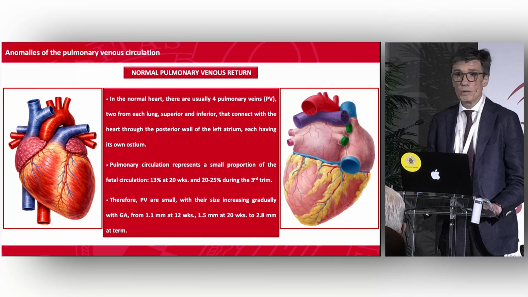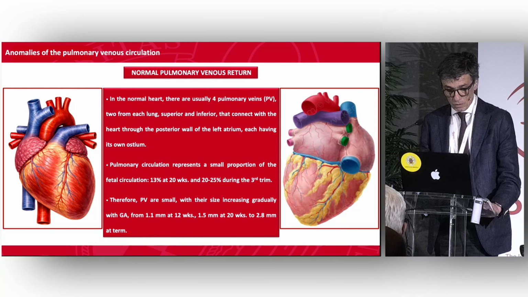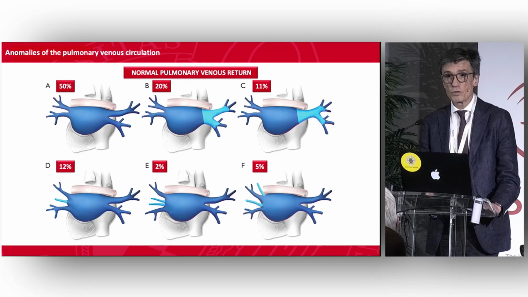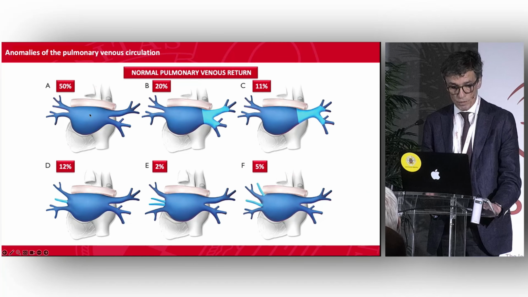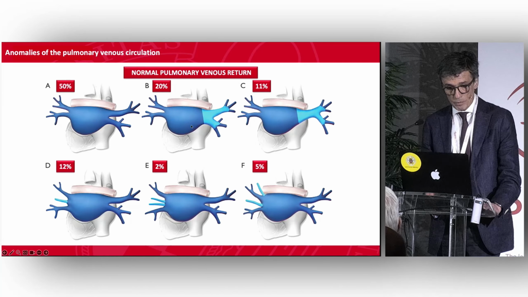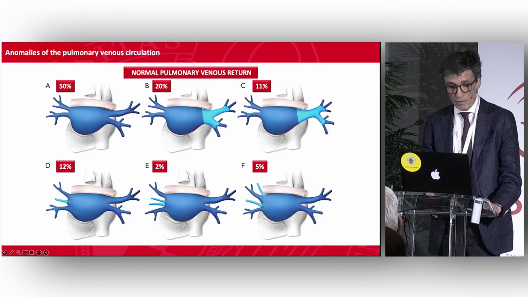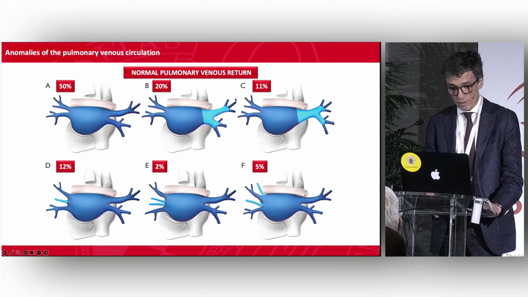There is not a unique pattern of pulmonary veins in the human being. In almost 50% of the cases, we have 4 pulmonary veins, 2 from each lung. But in up to 20% of the cases, we have only 3, because there is a wide and short connection of the pulmonary veins coming from the right lung.